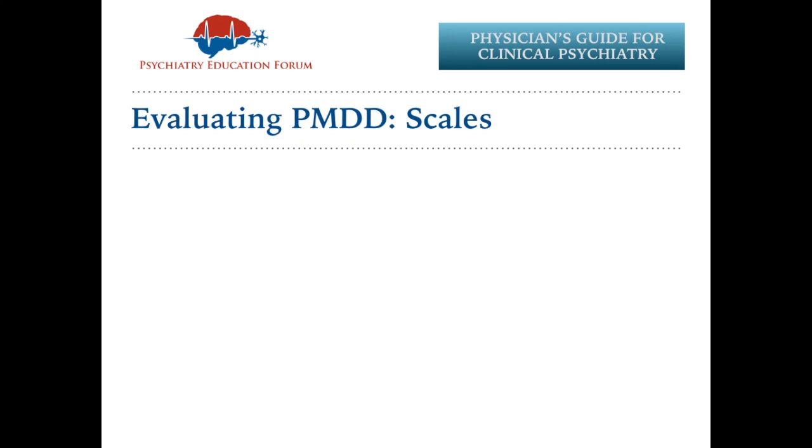Before we move forward, I just want to say one thing, that once you have a diagnosis of PMDD on a first visit, you can give them a specifier. Like you can diagnose them with PMDD with a specifier of provisional, which is a provisional diagnosis.